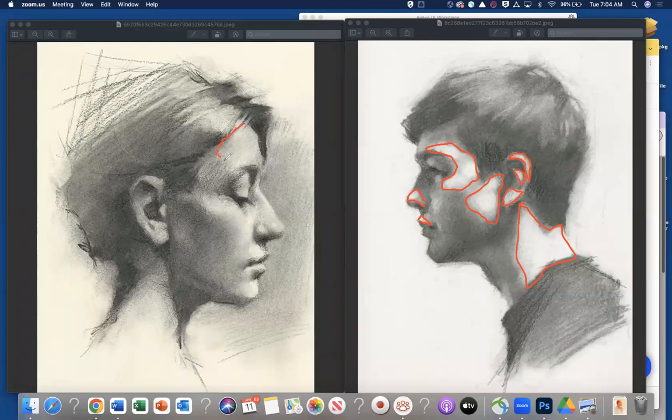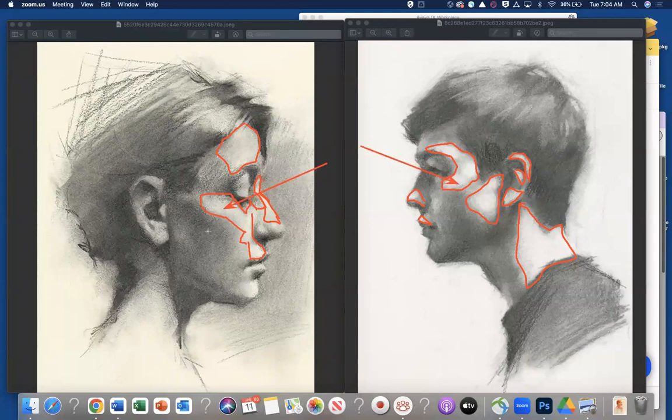On our model over here to the left, here's the light shape here. The nose itself has a general light shape. It bleeds into this shape here. I'm just going to simplify it into a shape there. So whatever sticks out, notice that on both of these drawings, with different lighting, the cheekbone is what is popping out and what always gets light.